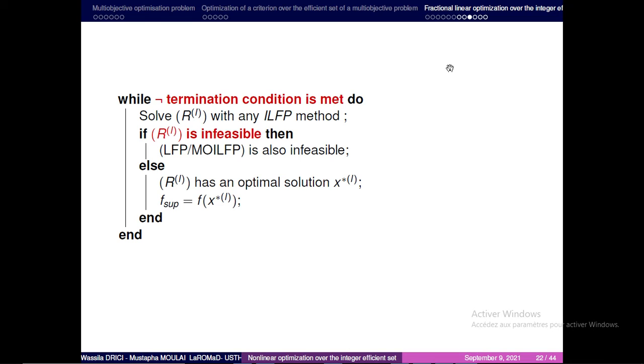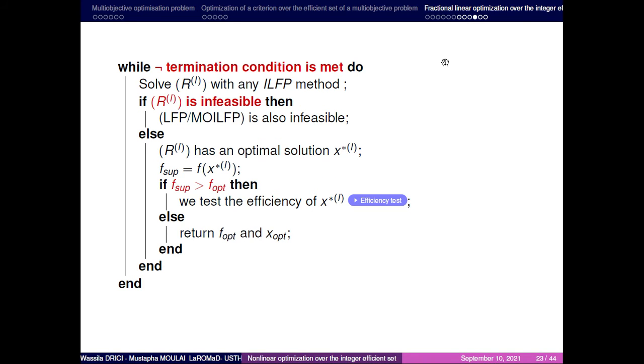Else, RL has an optimal solution X star L. We set F sub equal to F of X star L, an upper bound for the value of F. Here we test if F sub is greater than F-opt. If yes, we test the efficiency of X star L. Else, we stop and return F-opt and X-opt.